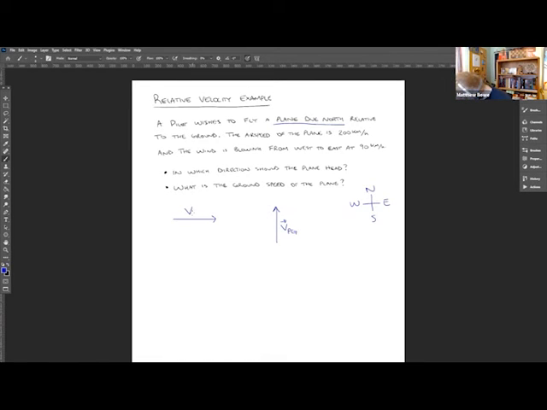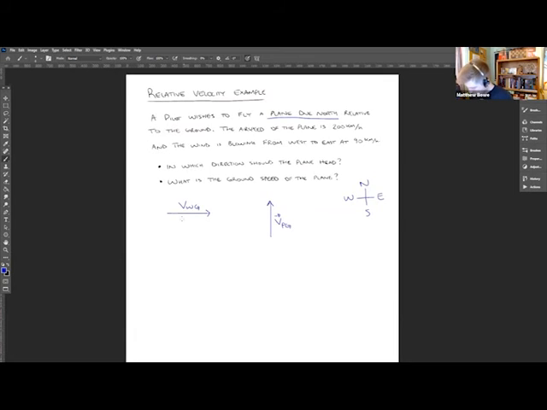Actually, let's put W for wind. The wind with respect to the ground. So these are the two things that we know.